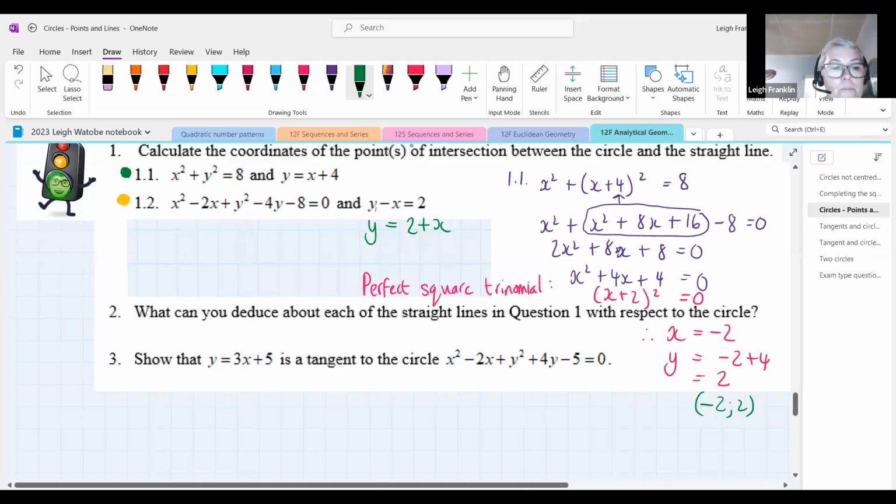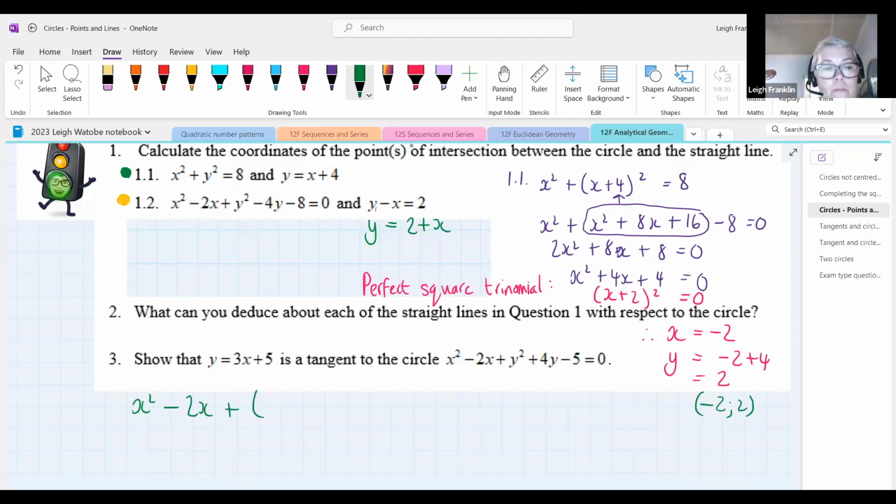I say x squared minus 2x plus (2 plus x) all squared, minus 4(2 plus x) minus 8 is equal to 0.